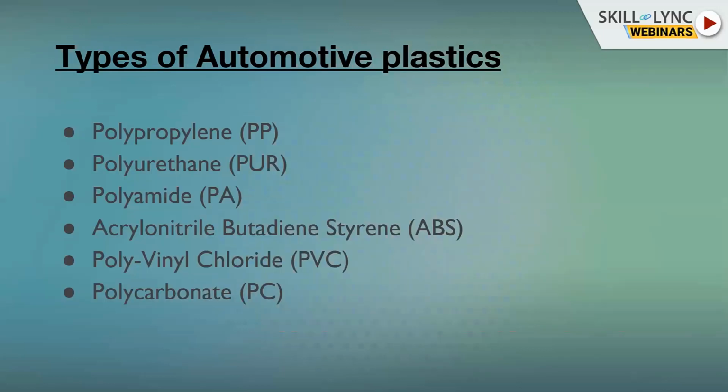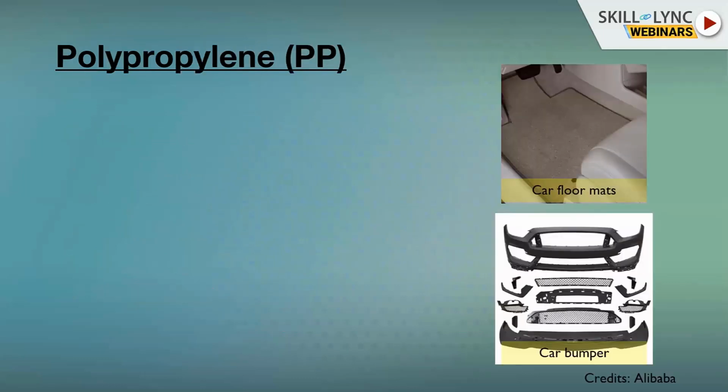Let us walk through a few of the top 6 plastics that we use and why we are using them. Let's start with polypropylene. On the right side, you can see a car floor mat and car bumper.